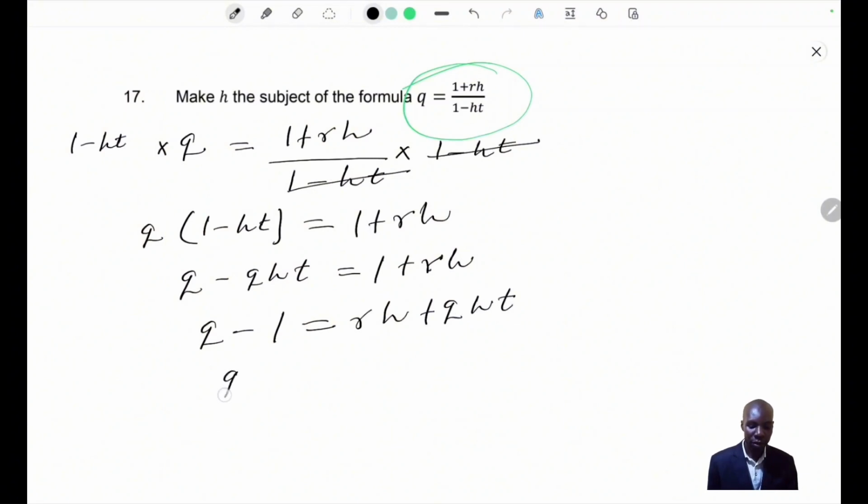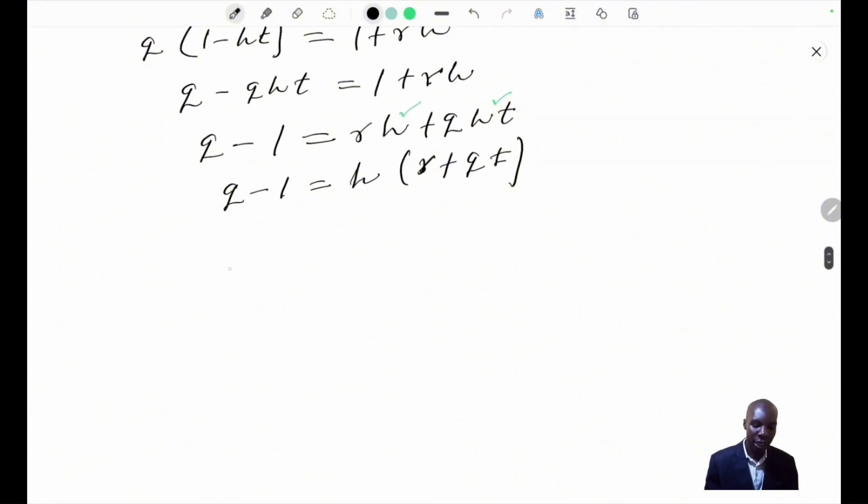H is common, so we'll have H in bracket R plus QT equals Q minus 1.